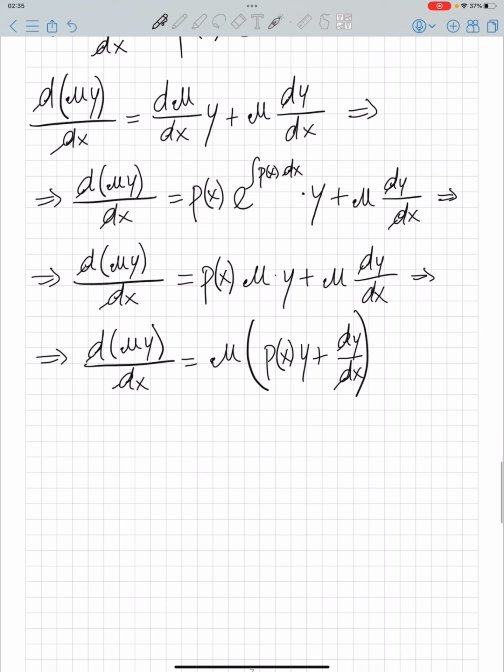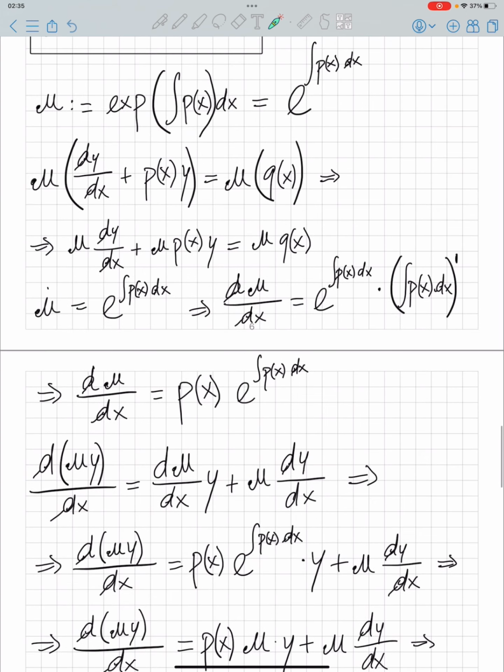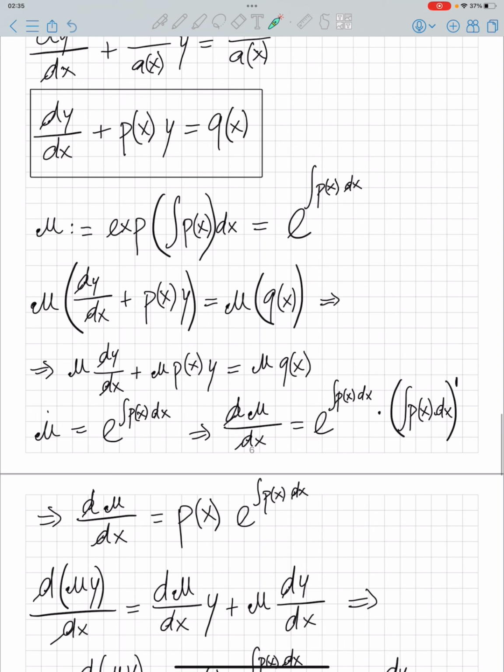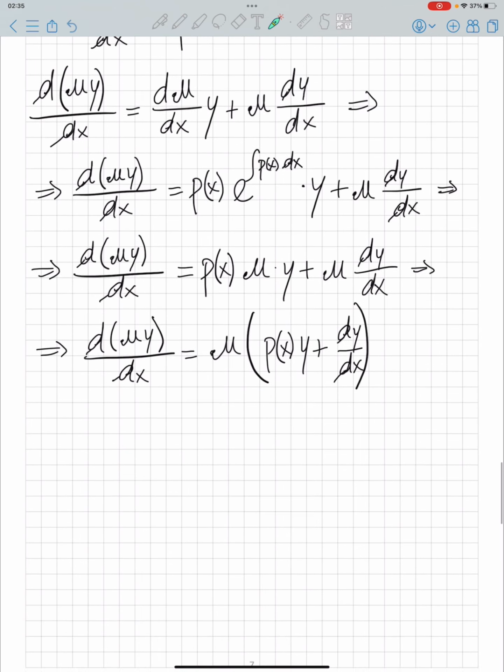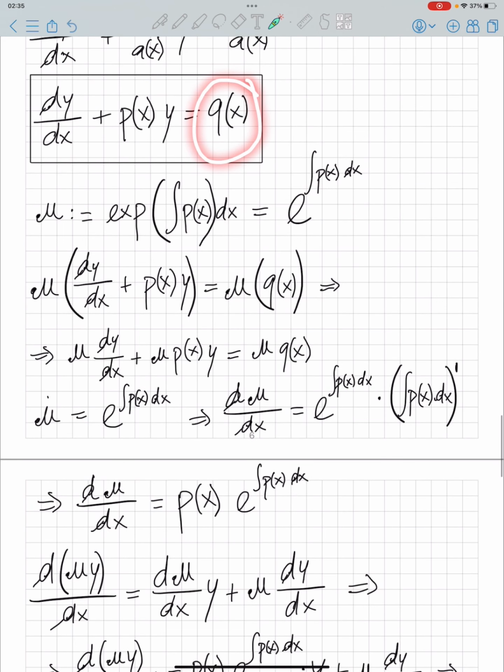right? Now we can see here our p of xy plus dy dx. If we go back to the equation, you see p of xy plus dy dx, it's basically q of x, right? So let's substitute it by our q of x here.